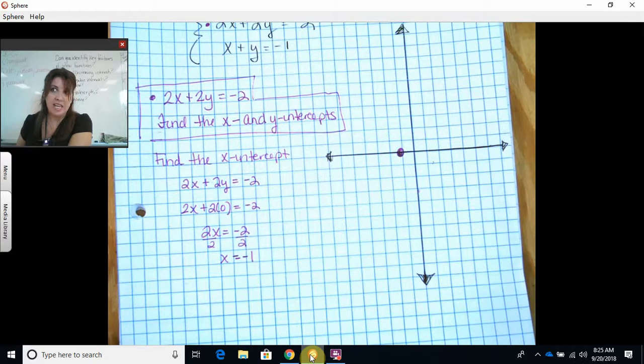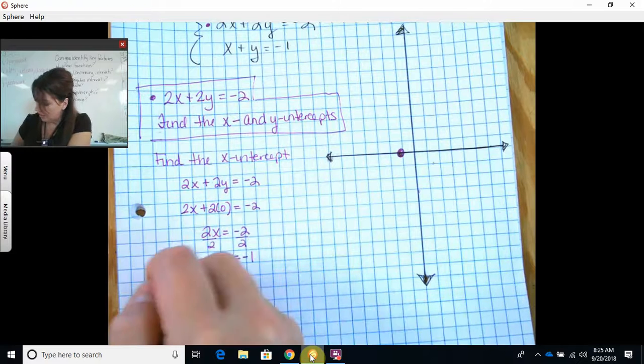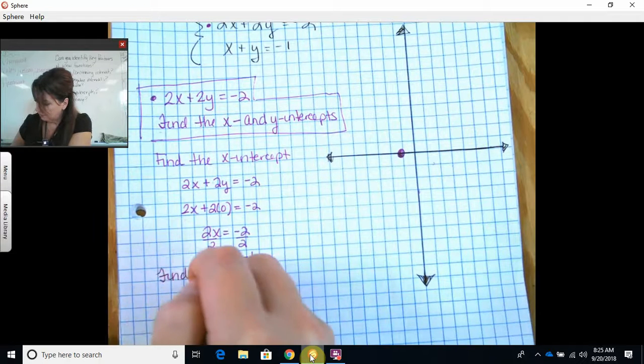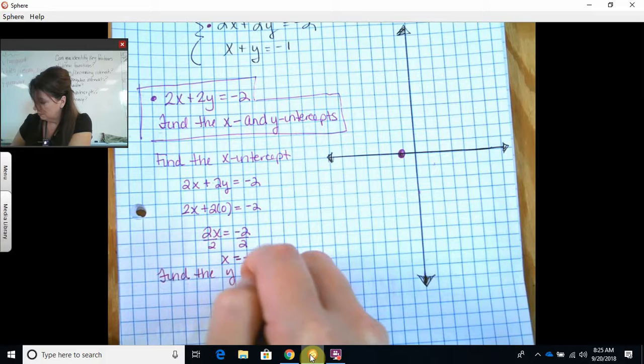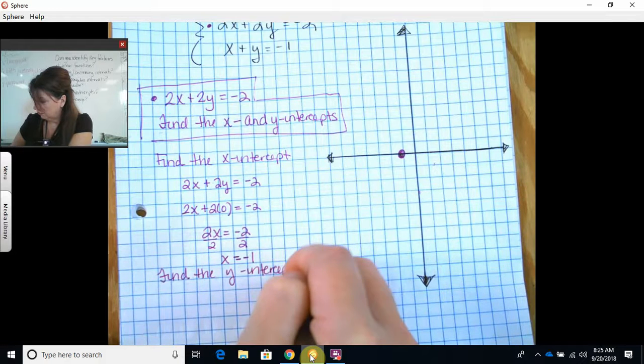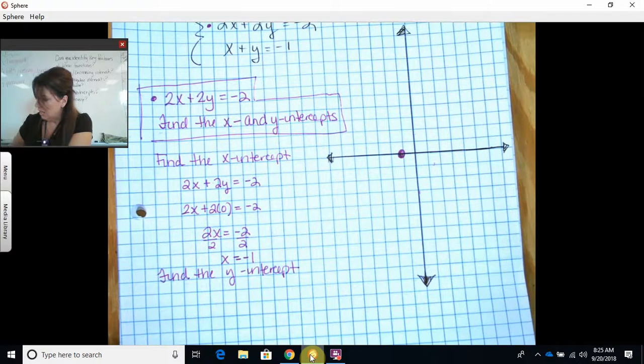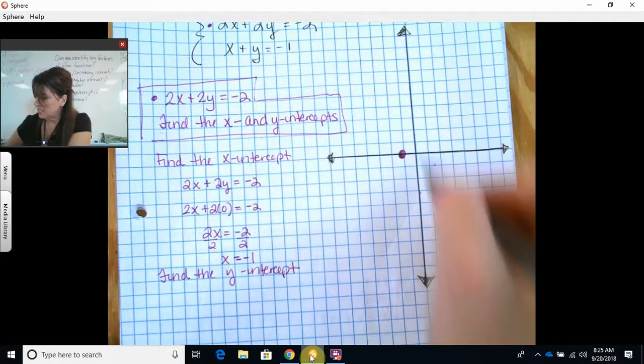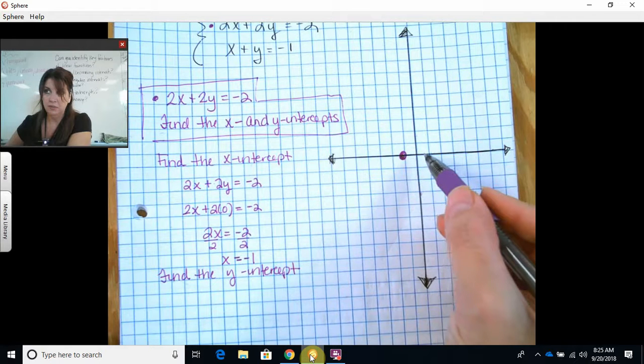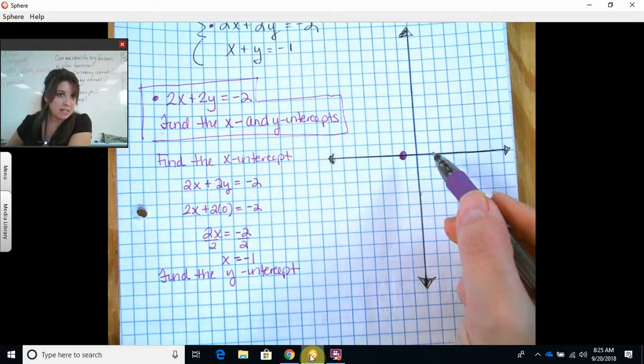In the same equation, I have to find the y-intercept. Every ordered pair on the y-axis has an x value of 0. So to find the y-intercept, I substitute 0 in for x and solve for y.